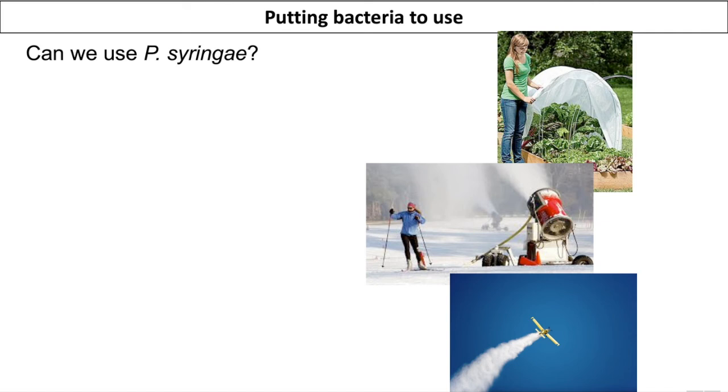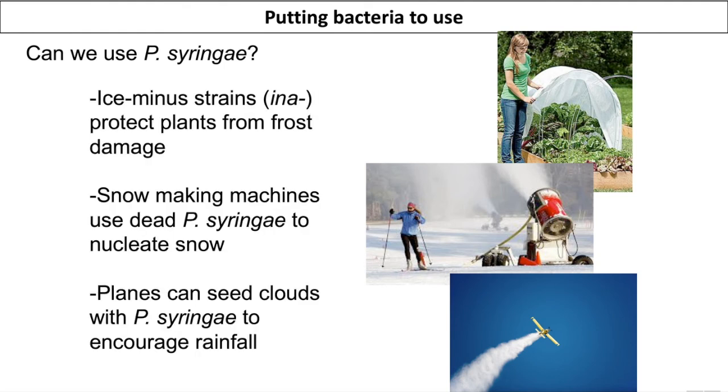Okay, next up is, knowing all of this, can we make use of it? And it turns out there's a host of interesting things you can do once you understand what this microbe is doing. First of all, you could take INA minus, or ice minus, strains. So these are strains that don't express the ice nucleation protein outside the cell.